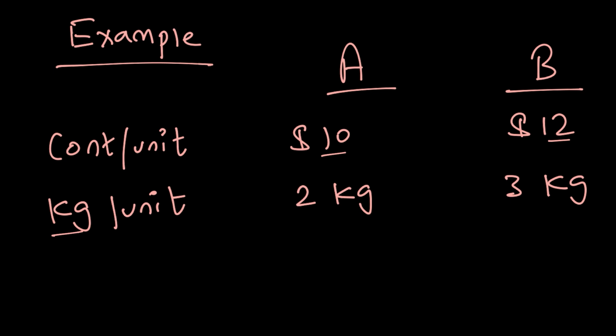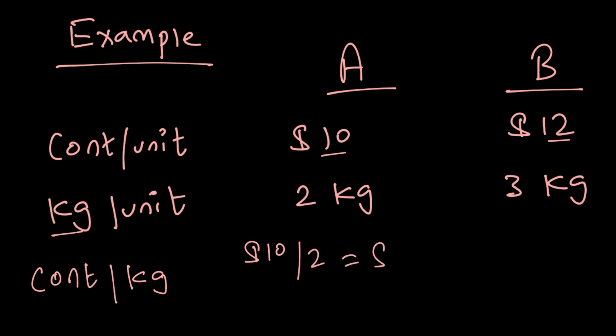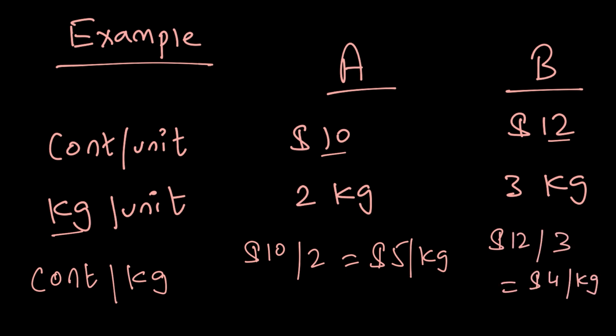So what we'll do is find a very simple metric called contribution per kg, or whatever the limiting factor is. It could also be contribution per labor hour or contribution per machine hour. If we find this, 10 divided by 2, I will get $5 per kg, whereas for B this will become 12 divided by 3, that is $4 per kg.